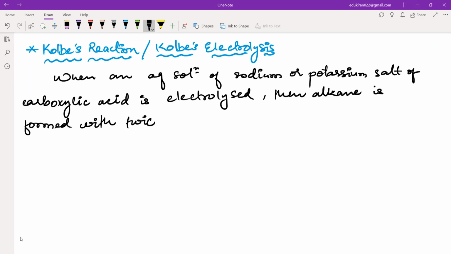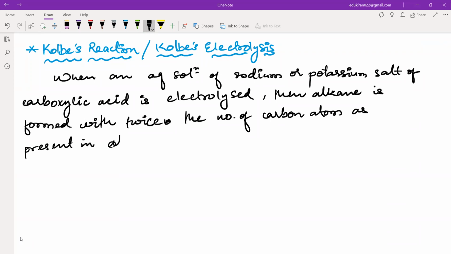with twice the number of carbon atoms as present in the alkyl group of the acid. Okay, so this is very important.